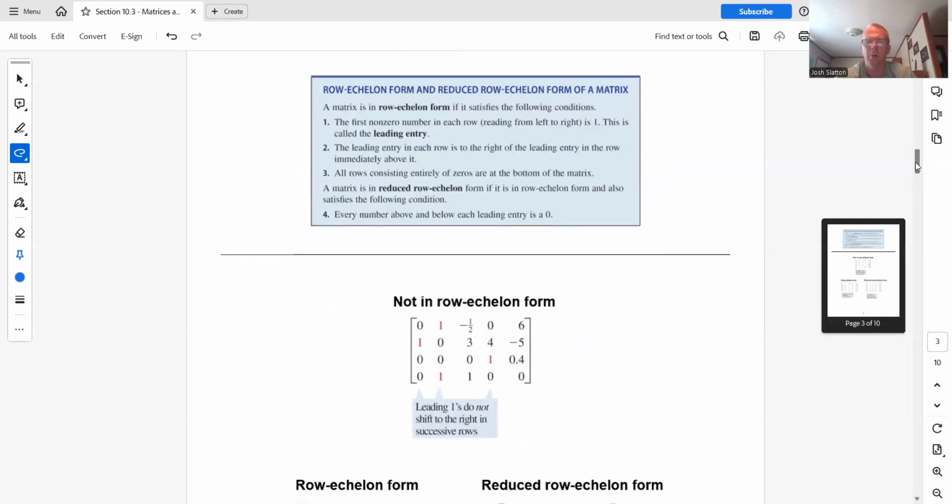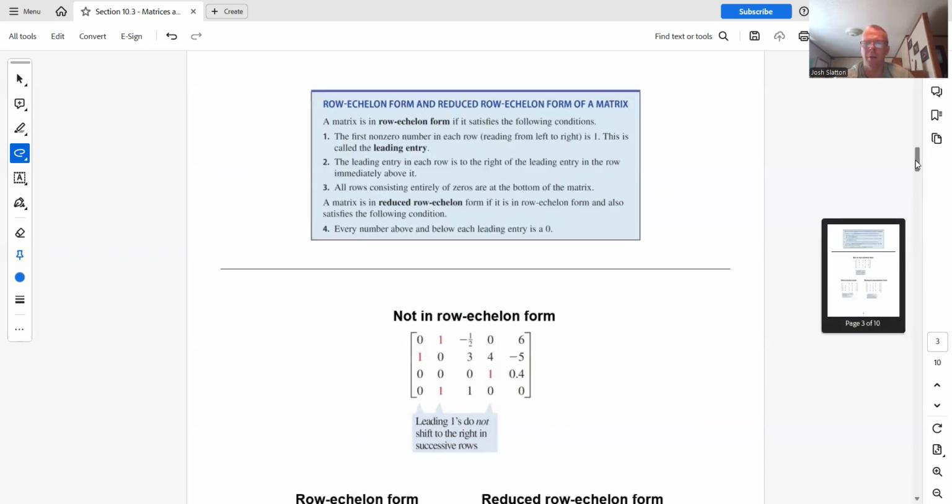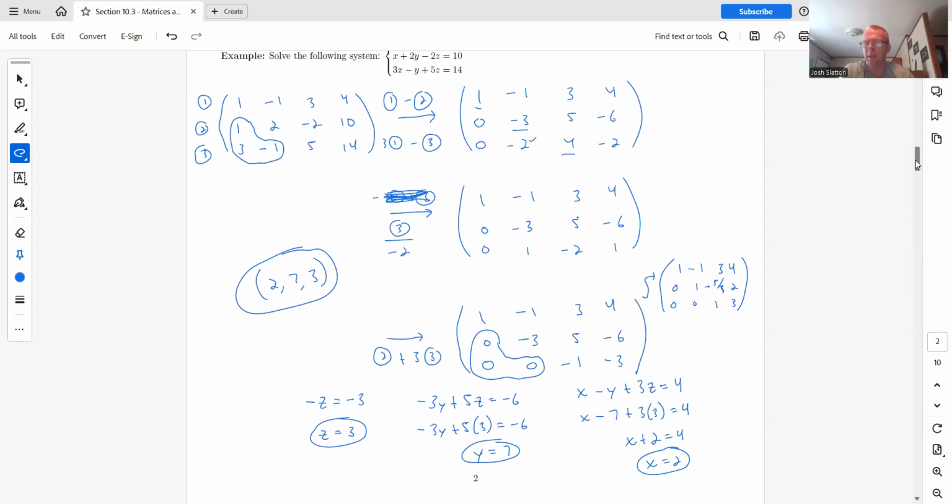And then we have what's called reduced row echelon form. That's row echelon form, except wherever we have a leading entry, every other number in that column has to be a 0. So if we go back up to this one, to make it reduced row echelon form, these 3 we'd have to make 0.